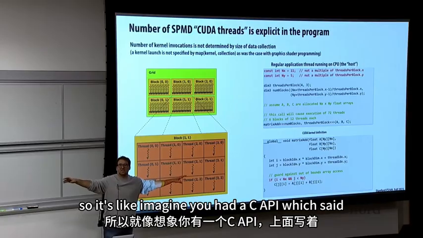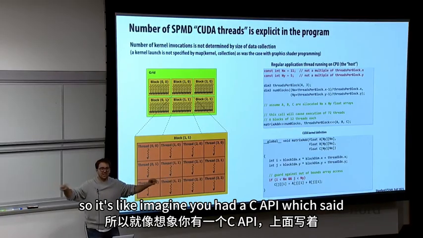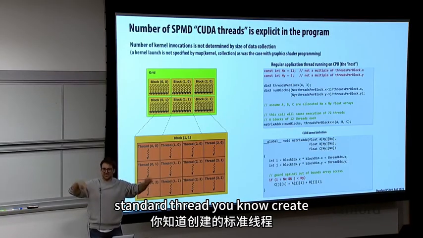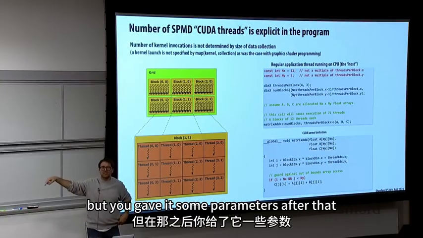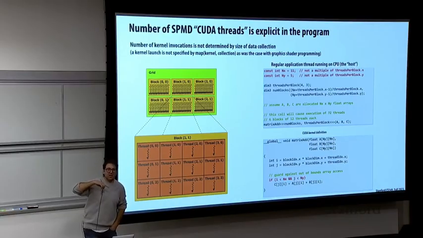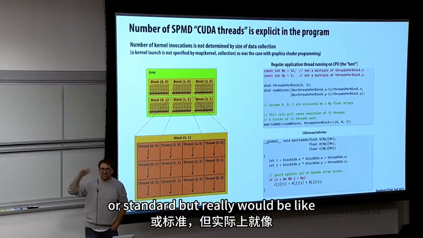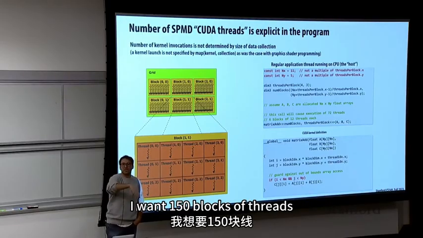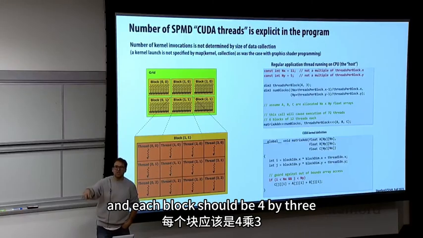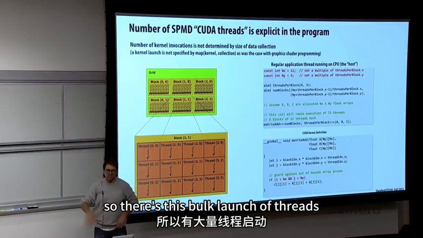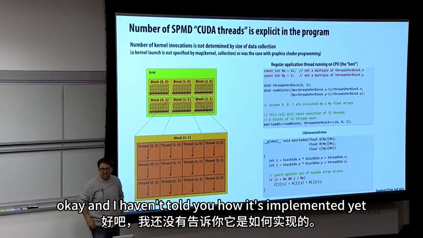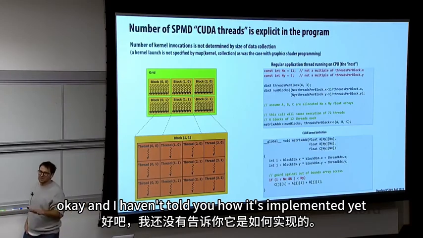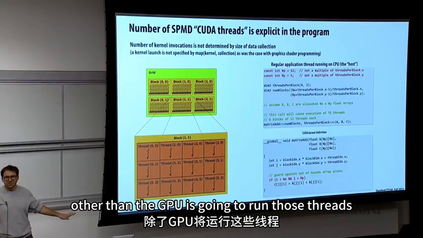So imagine you had a C++ API which said std::thread create, but you gave it some parameters after that, which was like, I want 150 of them. But really it would be like, it's not only that I want 150 of them, I want 150 blocks of threads, and each block should be 4 by 3. So there's this bulk launch of threads. Okay? Now I haven't told you how it's implemented yet, other than the GPU is going to run those threads.